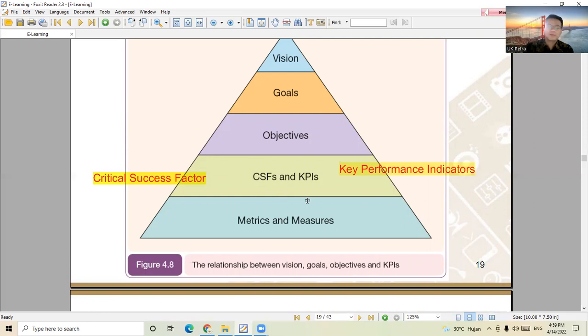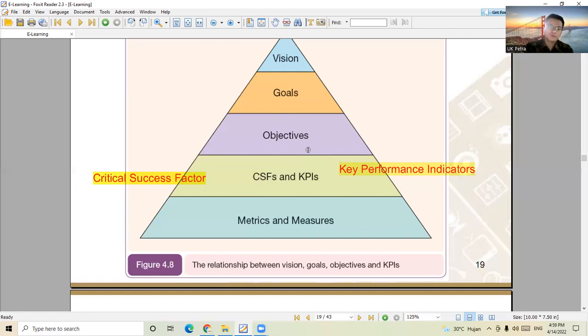The company shouldn't just have, I mean, it is good to have vision, goals, and objectives, but we have to measure these three. We cannot just have those three and do nothing.